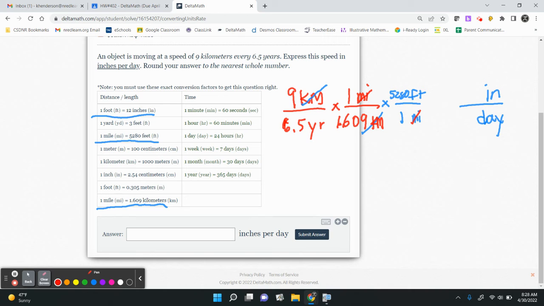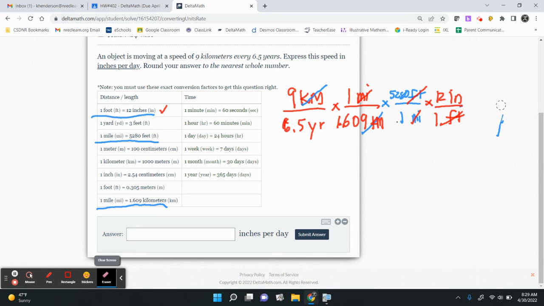And then I'm going to change feet into inches. So I'll multiply again. And I'm going to take inches on top and feet on the bottom so I can cancel out feet. And go back to this ratio and say 1 foot is 12 inches. All right, so now I have my inches that I want. So down here I said I wanted inches, and now I have it.